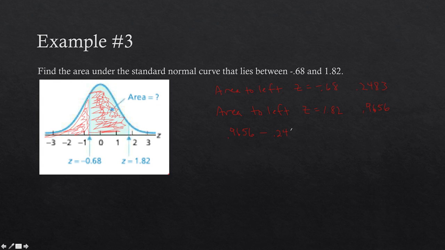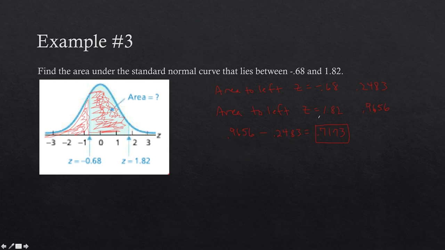And what you end up with is this little area here, the area to the left of negative 0.68, cancels out that same area in 1.82, and we're just left with the shaded part there. So if you subtract these two, you should get 0.7173. So that would be the area in the middle there. Largest minus smallest there. Okay?